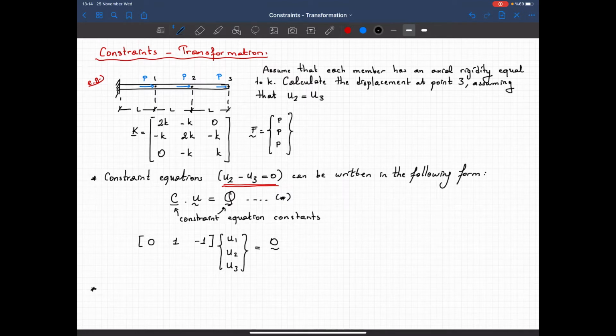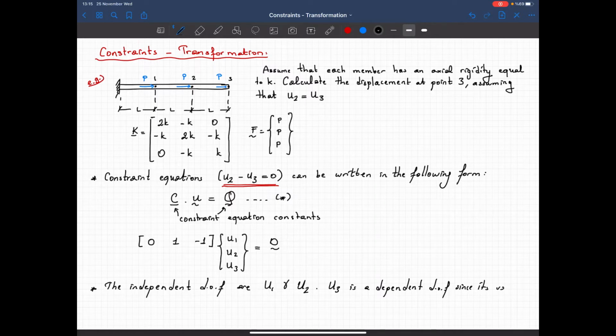Okay, the independent degrees of freedom in the system are U1 and U2. U3 is a dependent degree of freedom since its value depends on U2.